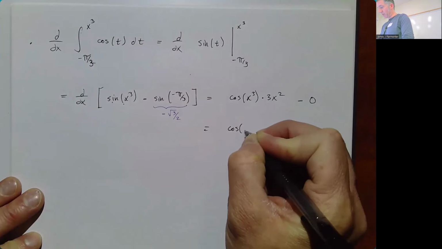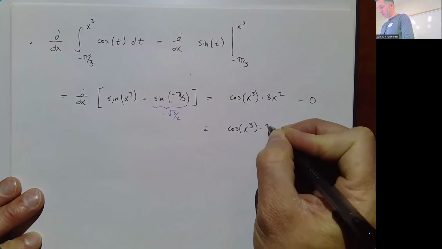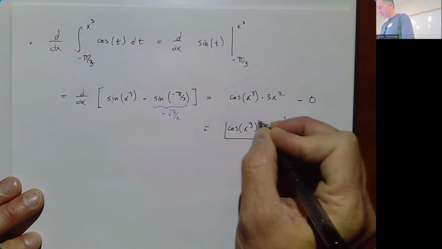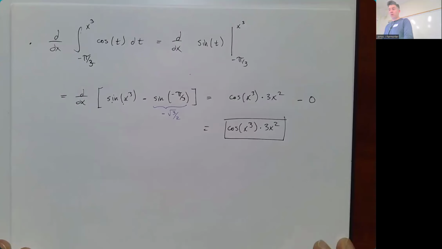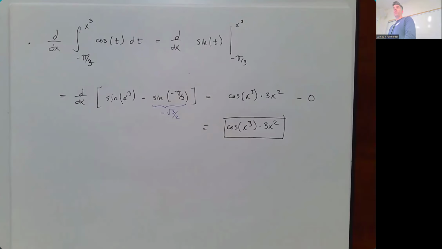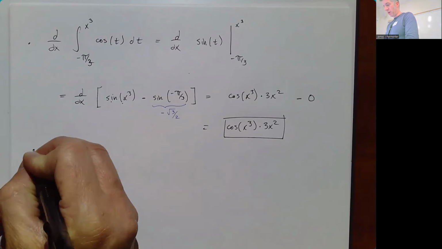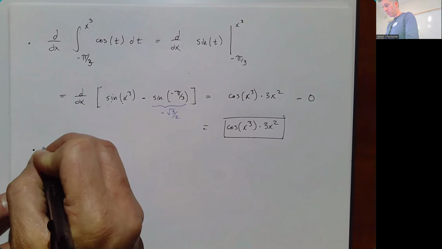We end up with cosine of x cubed times 3x squared. So we're actually going to revamp our fundamental theorem of calculus part 1. So here's the more general version.